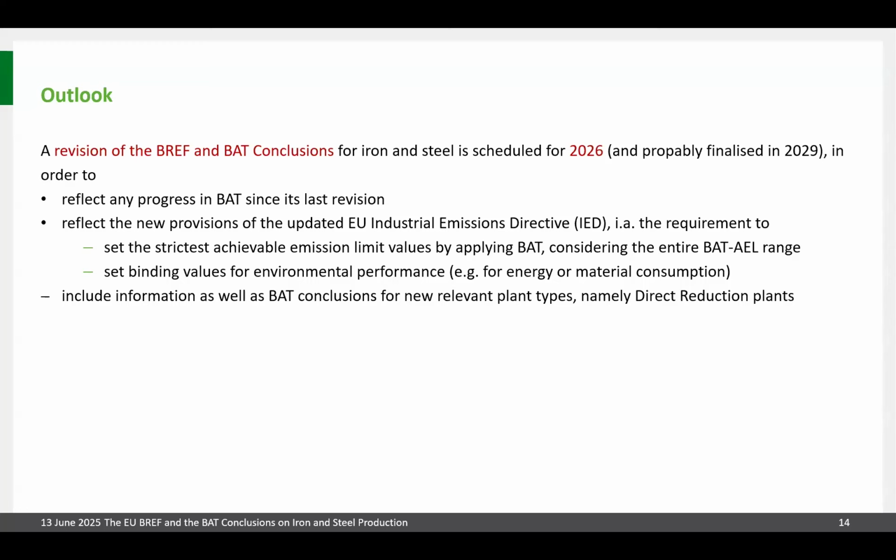And the third important point is that we need to include information as well as BAT conclusions for new relevant process types, namely for the direct reduction plants, which are currently already erected, some of them within the aims to decarbonize iron and steel production. So direct reduction plants using either natural gas or eventually hydrogen. So that needs also to be addressed within the BAT conclusions. Next slide.